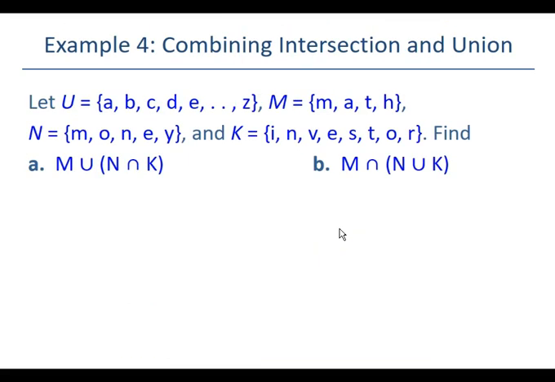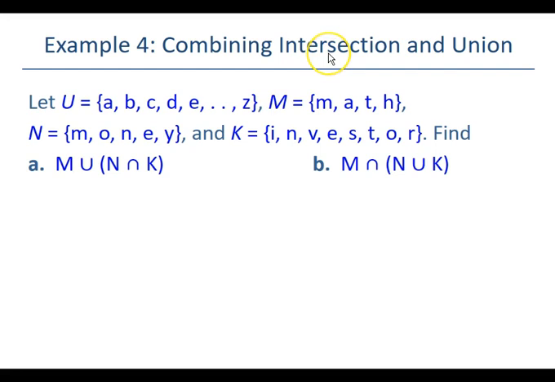Now, the previous examples were rather basic and somewhat easy. Now we get into the more challenging ones, and we're looking for strategy to do them. Well, first is to understand what they're asking. So in example 4, we're combining intersection.